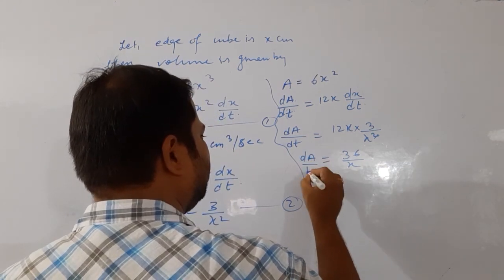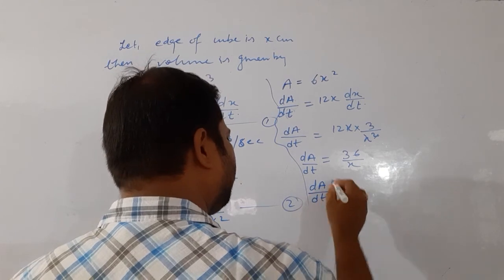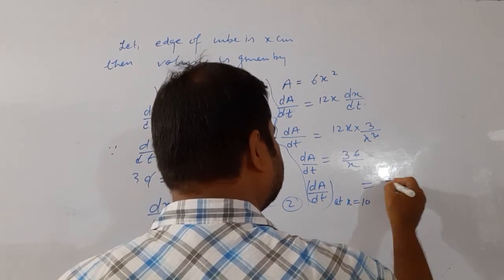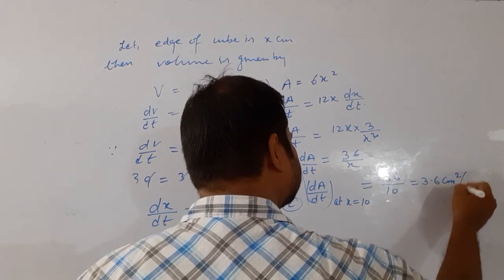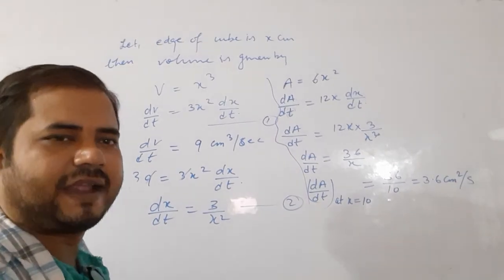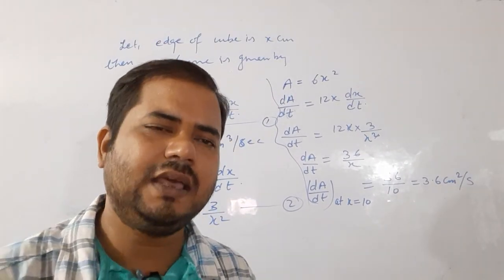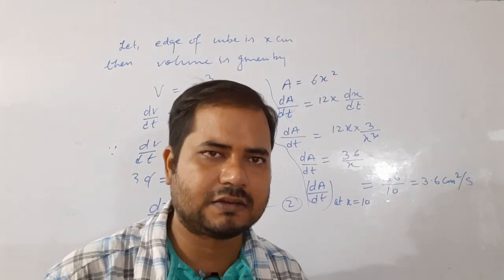Now we need to find dA upon dt when the edge is 10. So 36 upon 10, this is 3.6 centimeter square per second. Why? Because this is the change in area.